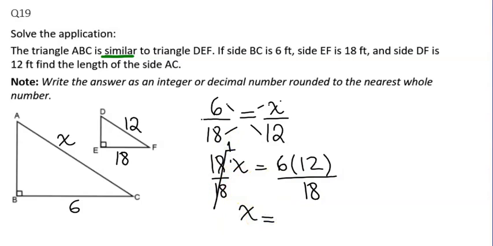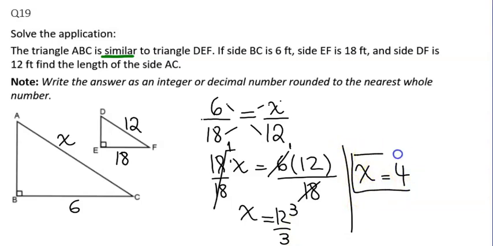Now I have the x. Now let's start simplifying things here. 6 and 6. What is this? 1 here, and here is 3. Now I have 12 over 3, right? Can I divide this? X equals 4. Yes, you can.